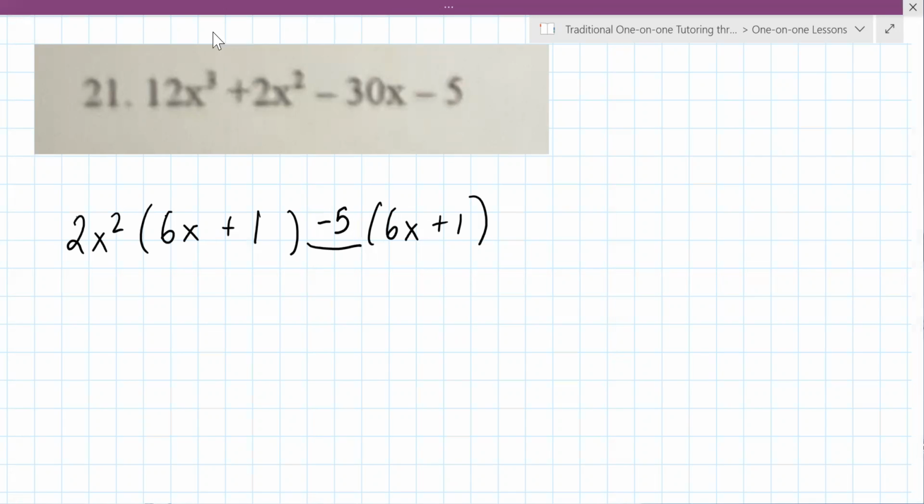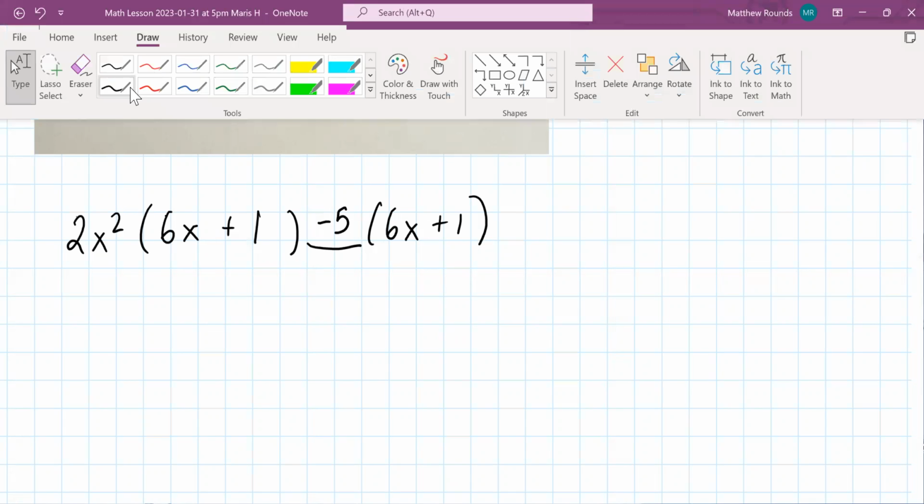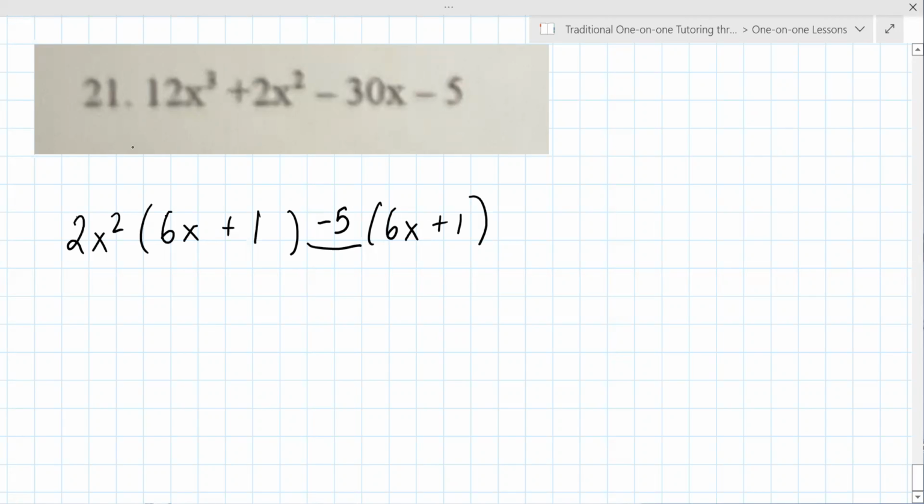Okay, so can you tell me the next thing to do here? What is the final answer after this step? Put them together.